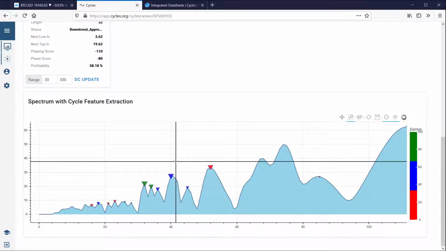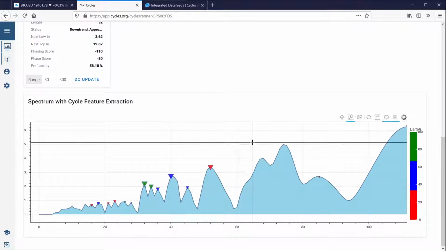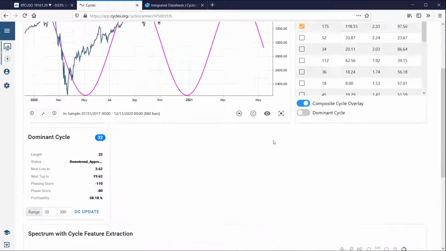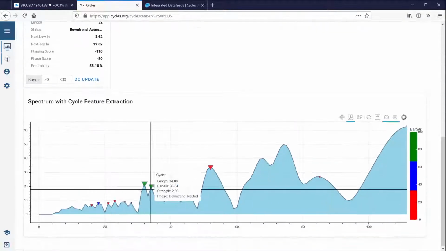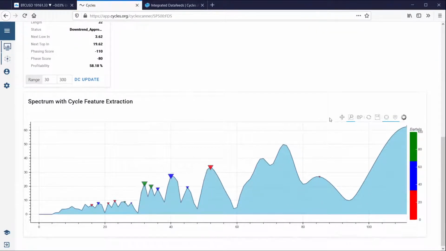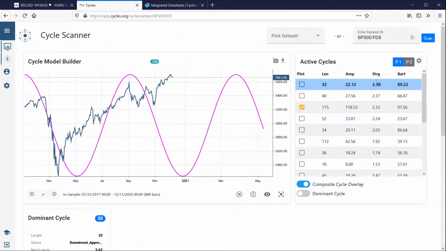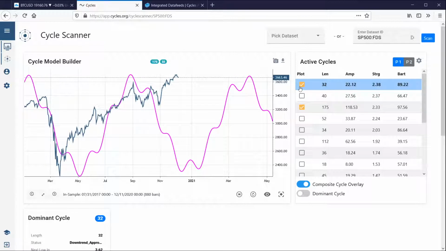So this is exactly what can help us in explaining what's happening currently in the markets. If we move up here again, these two cycles are exactly the cycles labeled here, 30, 32 with a high strength score. If we add this cycle with the length of 32 to the other, this picture might not explain the true story.